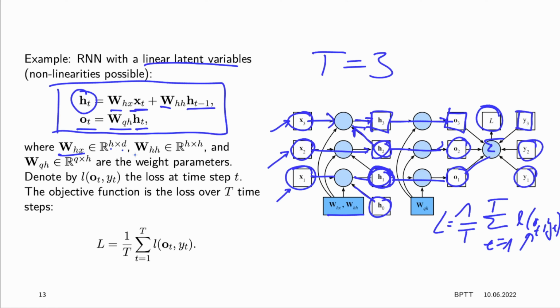We have the weight matrix W_hh, which has dimensions equal to the number of hidden variables by the number of hidden variables. And our third weight matrix W_qh has as dimensions the dimensionality of the output times the dimensionality of the hidden variable. So little l(o_t, y_t) is the loss at time step t, and our objective function is the sum over all these individual losses.